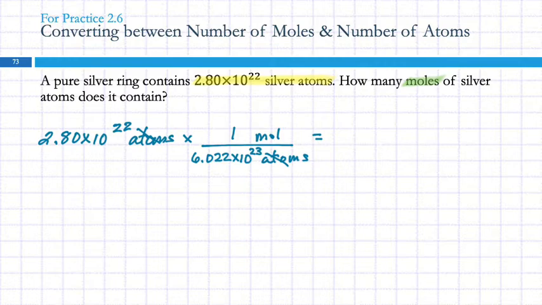So get your calculator out, because this is one that if you're not using scientific notation, you're going to end up with a crazy answer. So 2.8 EE22 times 1 divided by 6.022 EE23 equals.